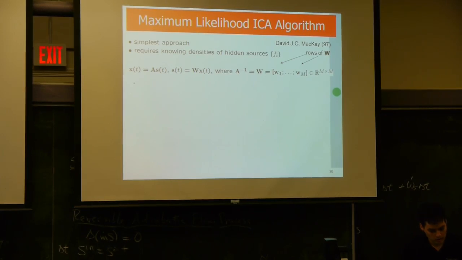So the log likelihood function looks like this, sum t from 1 to T. So Px is the density of random variable x.